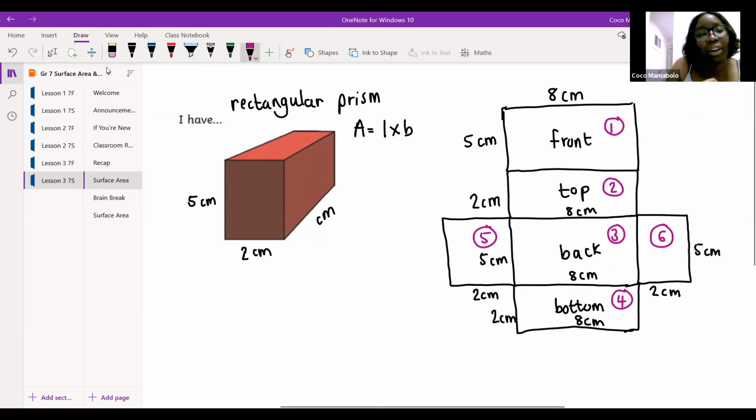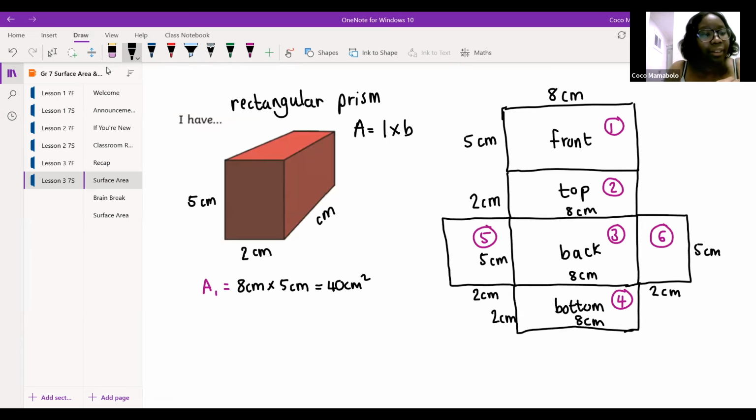How am I going to calculate the area of 1? What's the length? It's 8 centimeters, ma'am. Good. That's my length times what's my breadth? 5 centimeters. Excellent. So what is the area of 1? 40 centimeters squared, ma'am.